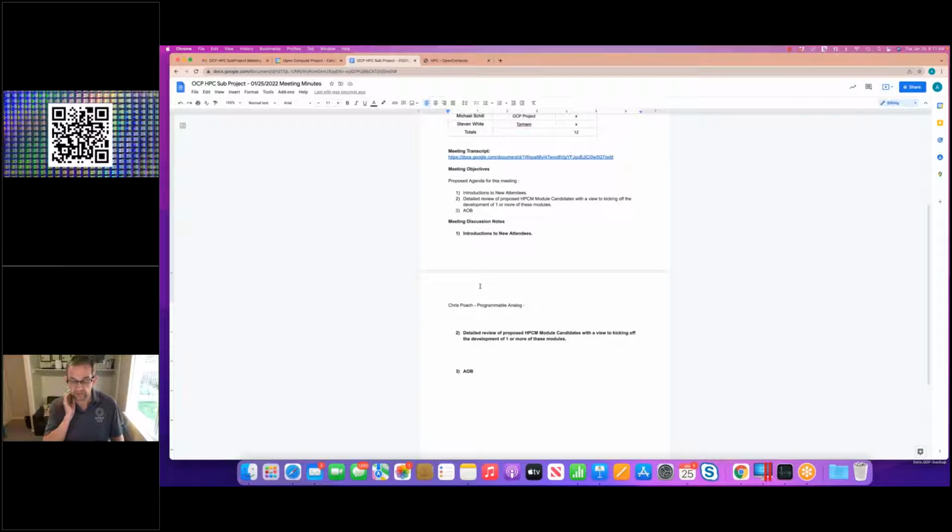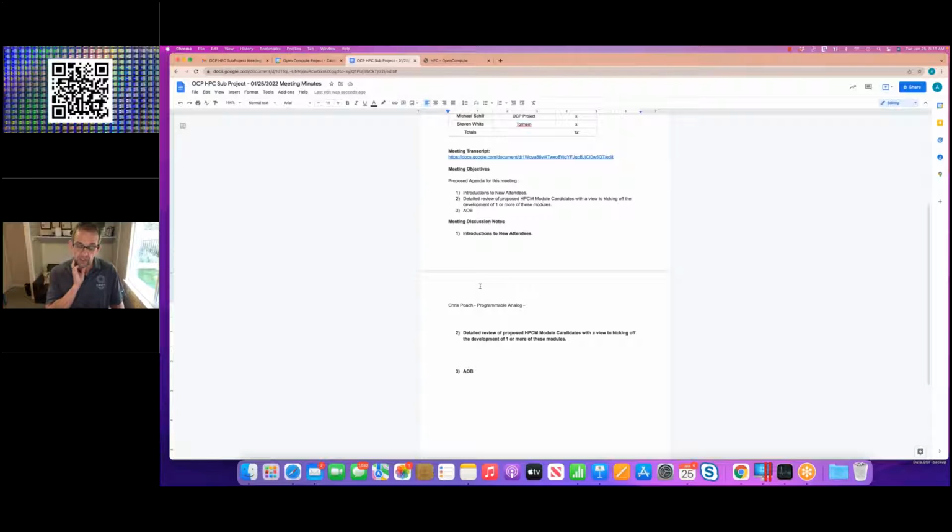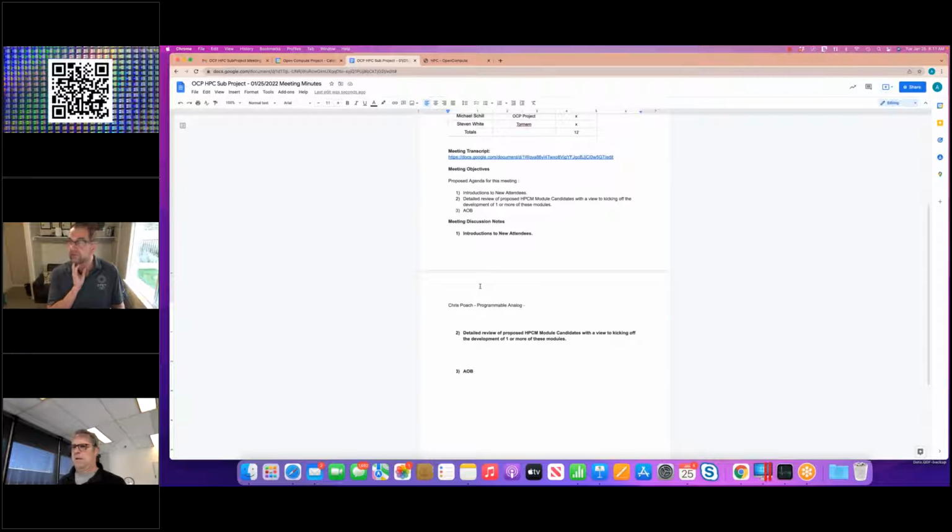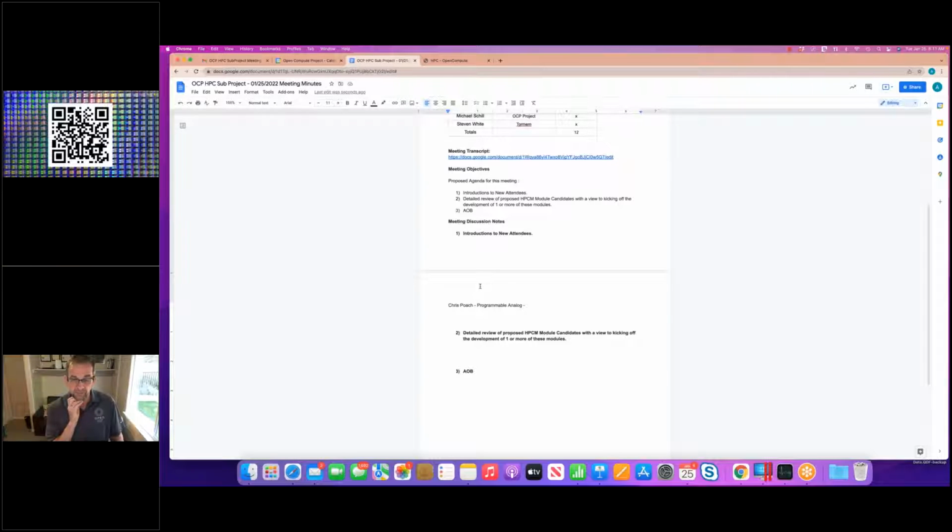For those of you that attended supercomputing, we had a panel session where we were discussing the HPCM, and Roger Beeston, as Chris mentioned, the CEO of Programmable Analog, was on the panel, and he was showing some of his work there and what they could do on the power front to help us with testing of the power modules.